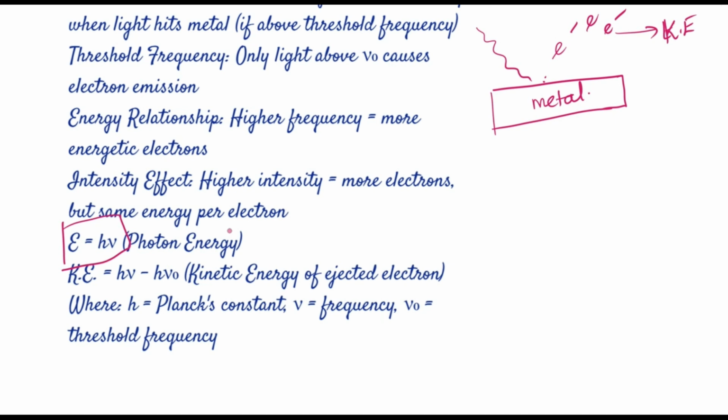We can calculate it by h nu minus h nu naught. Nu naught represents the threshold frequency, and nu is the frequency. These values will be given in the question. They can ask either to find the threshold frequency or to find the kinetic energy. So these two formulas are also important.